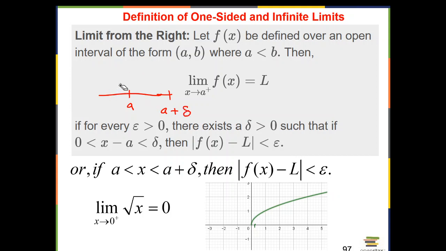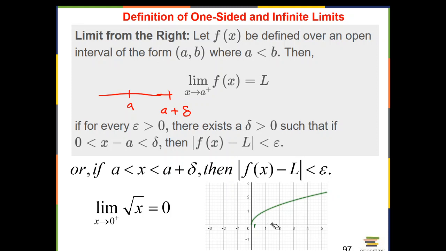So instead of writing if absolute value of x minus a is less than delta, we're going to write it this way because we don't want to be to the left of it. We just want to be to the right of it. So this is how we write it. We say if this, then the y value is the same. It doesn't change, right? So y values have to be within epsilon of L.